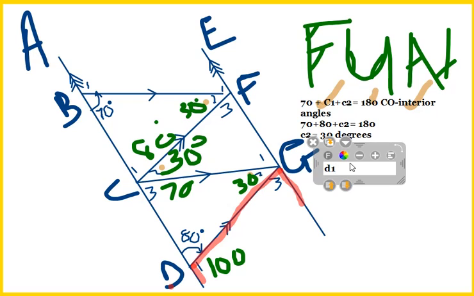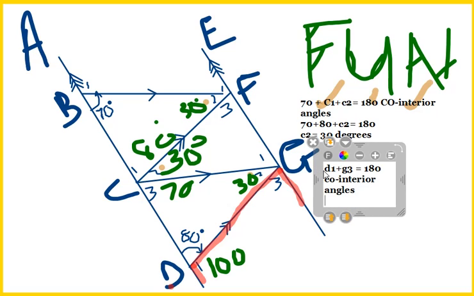Angle D1, so that D with the caret, and if you still don't know how to label angles, please refer back to my previous videos in the angles video. I think it was the second video in the Euclidean geometry playlist. So angle D1 plus angle G3 is equal to 180 degrees, co-interior angles.